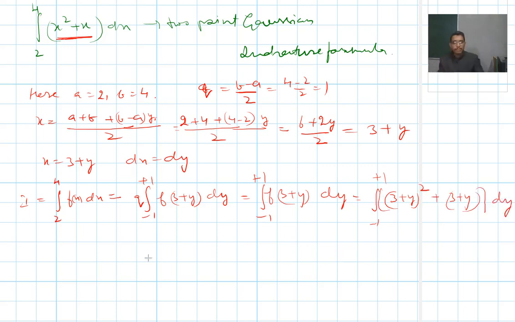And let us simplify it. It is 9 plus y square plus 6y plus 3 plus y, from minus 1 to plus 1, dy, and this after simplification will give us the integral from minus 1 to plus 1 of y square plus 7y plus 12 dy.